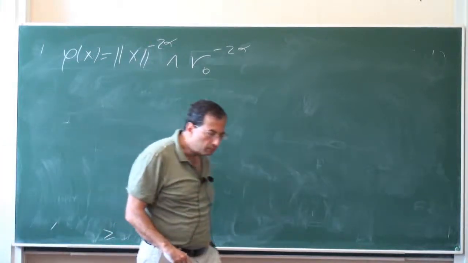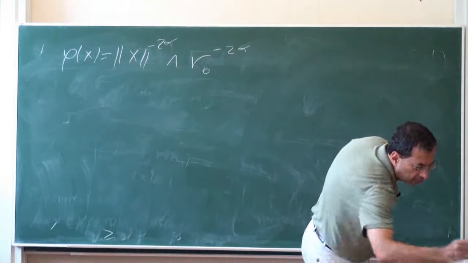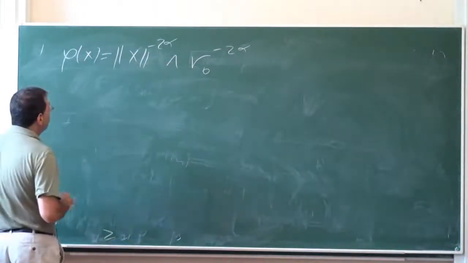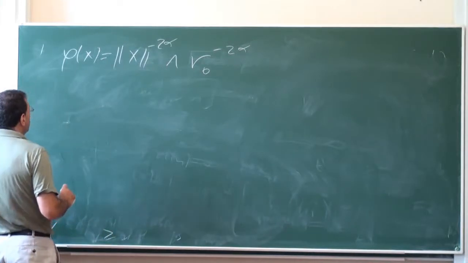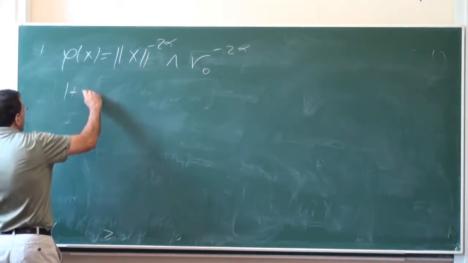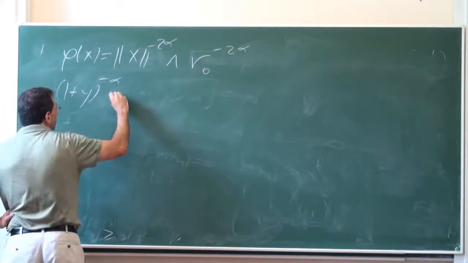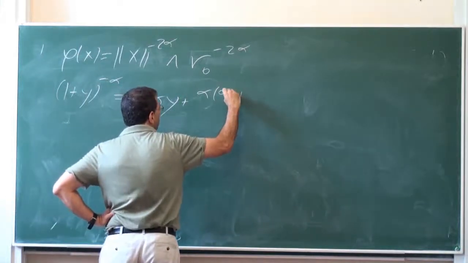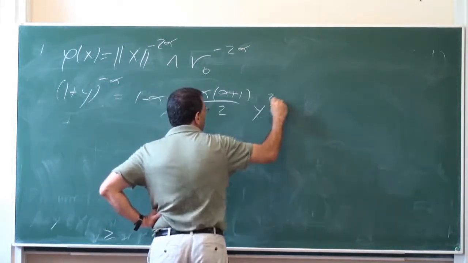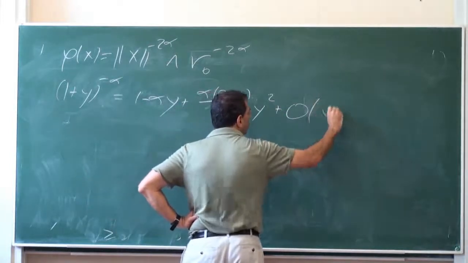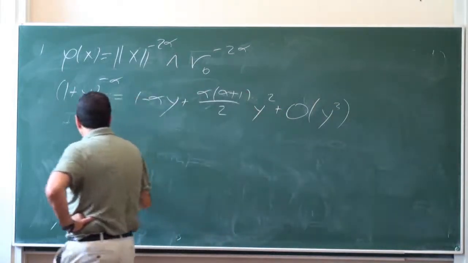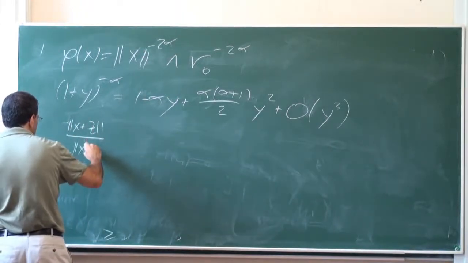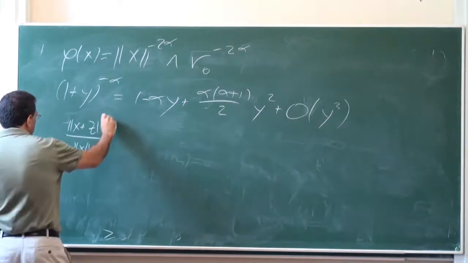This is just a calculation, but let's do it anyway. We want to check that this is a Lyapunov function. To do that, we need to remember some Taylor expansions. Let's write this down: 1 minus alpha y plus alpha times alpha plus 1 over 2 y squared, just the Taylor expansion of the binomial for small y, and we want to apply this to this ratio of norms.